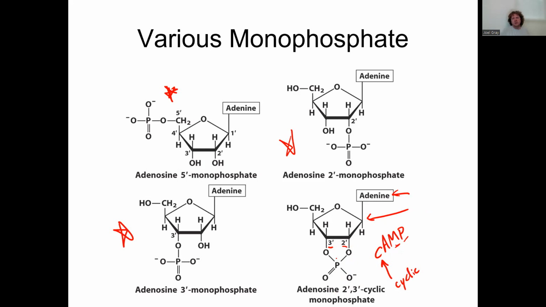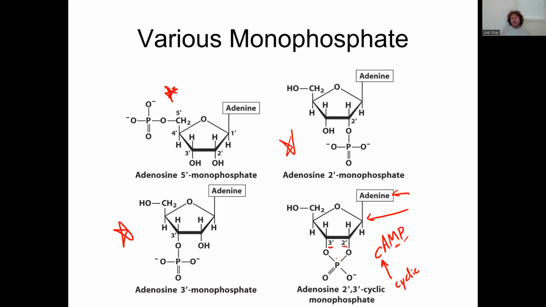This makes adenosine 2', 3' cyclic monophosphate. This is an example of a molecule known as cyclic adenosine monophosphate, which is a secondary messenger.